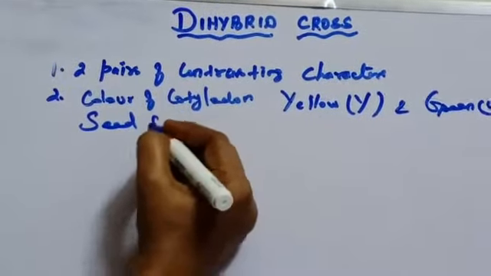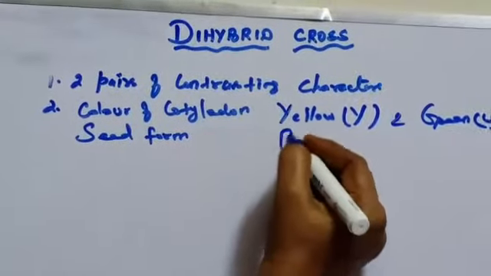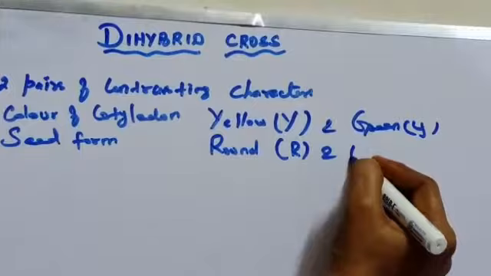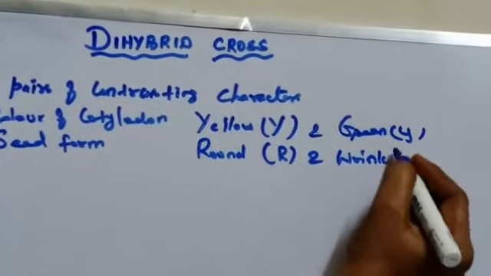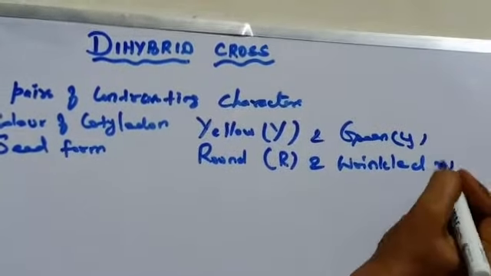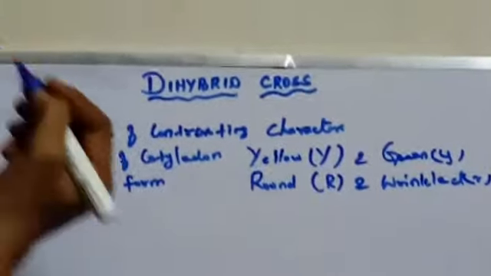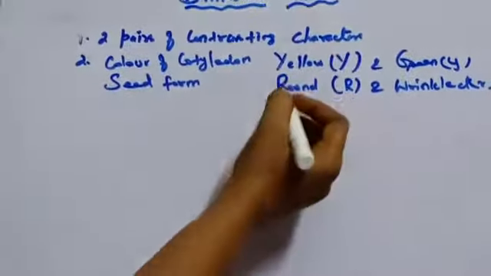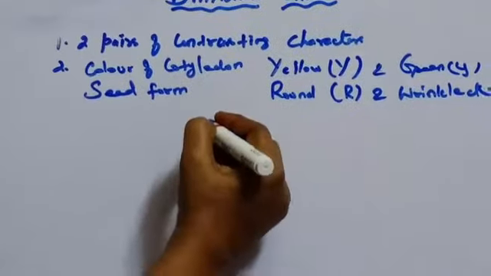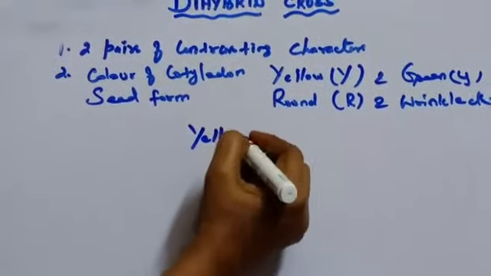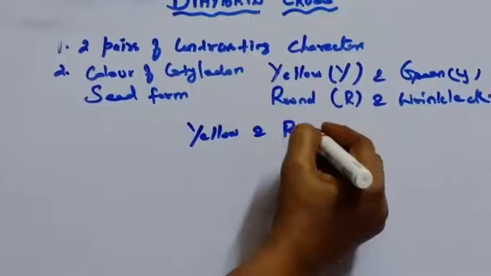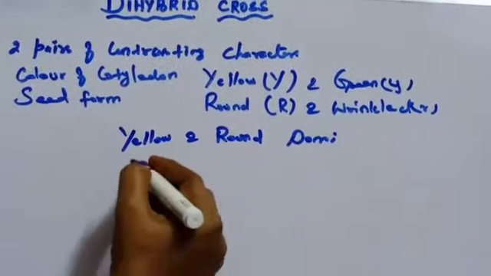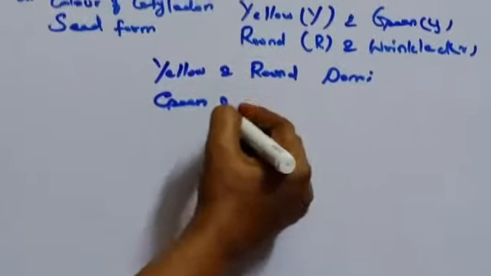Another character is seed form, that is round and wrinkled. Yellow and round characters are dominant. Then green and wrinkled recessive.